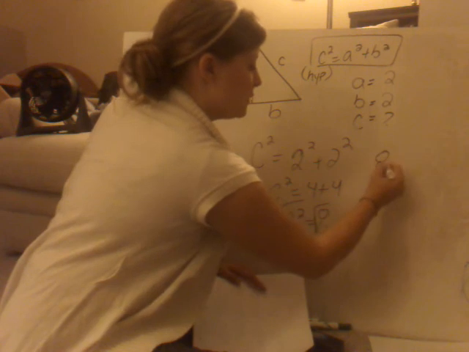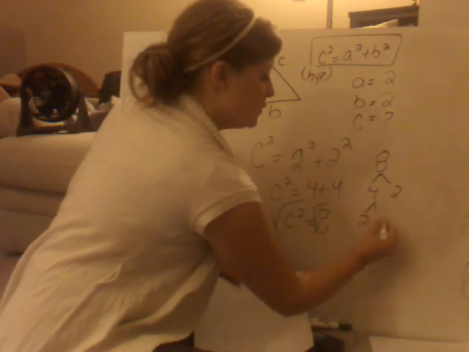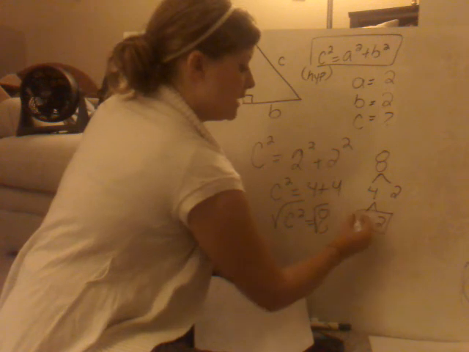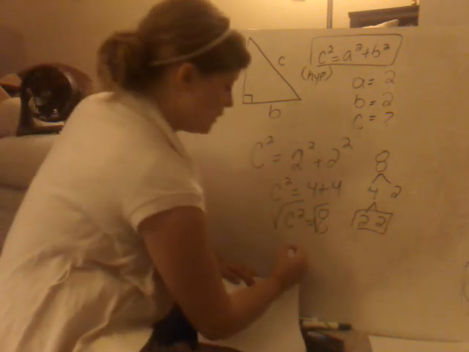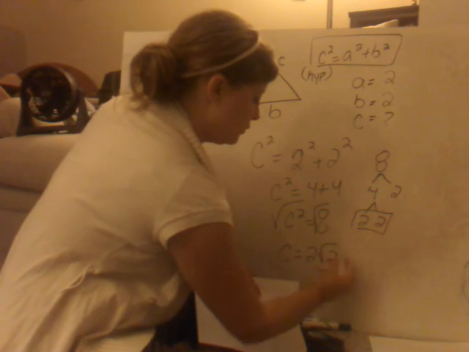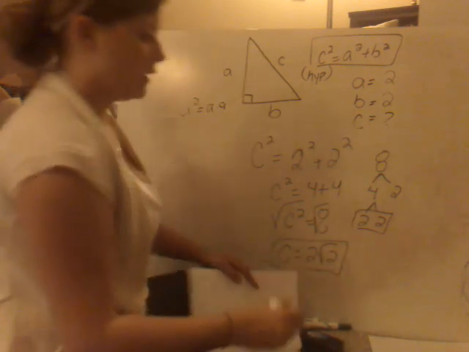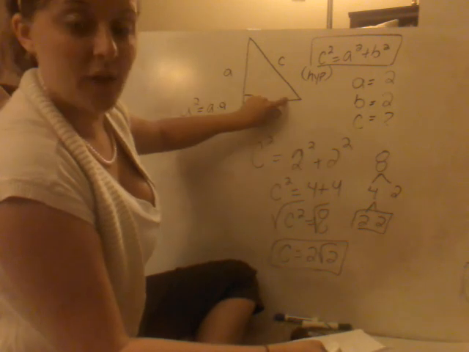Look at my factor tree over here. I've got 4 times 2 and 2 times 2. I have a set right here, so I can take out one set. So C is equal to 2 square root of 2. And that again is this length. That is what we're finding.